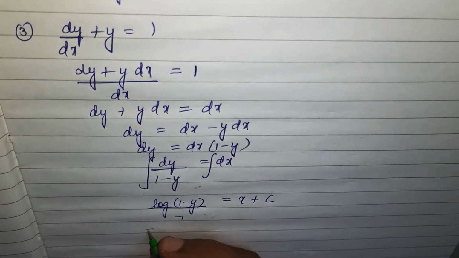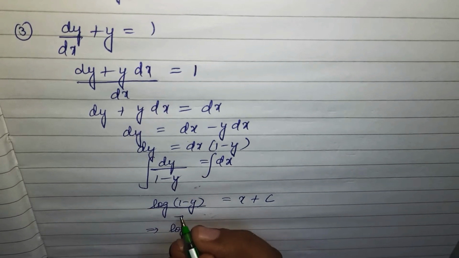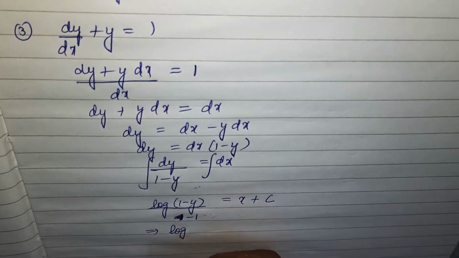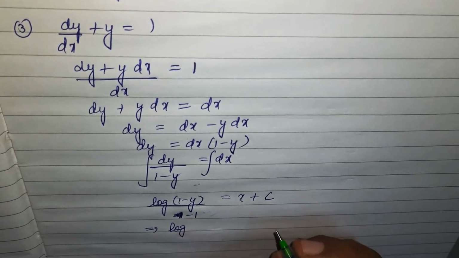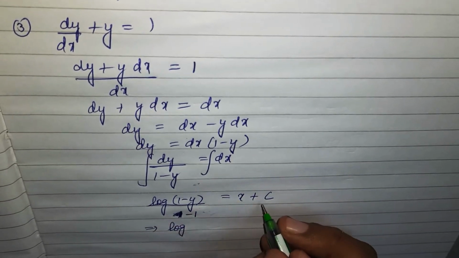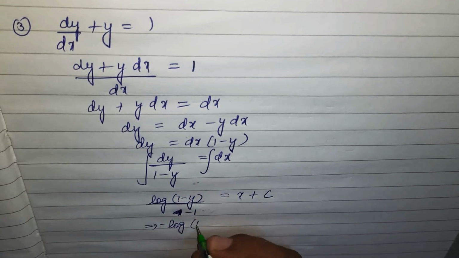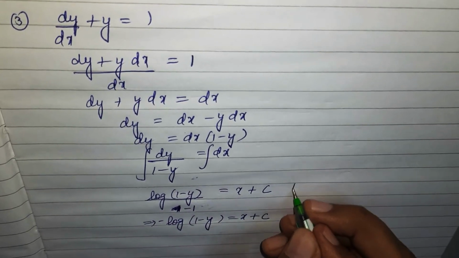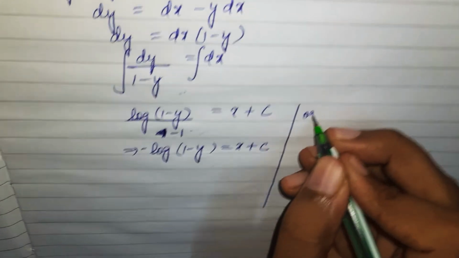So what I am getting? I am getting log of, this is minus 1. Do remember whenever I am writing like this, I can leave the question here also, or if you are not supposed to leave the question here, we can apply one more thing.